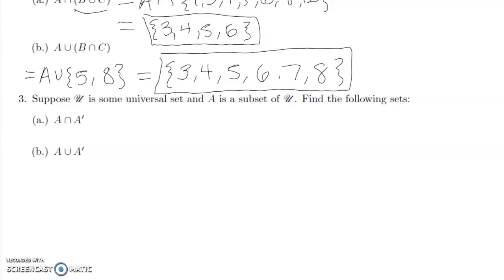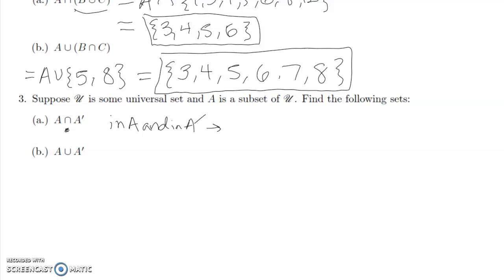So, the first one asks us to look for A intersect A complement. So let's think about what that definition really meant. Well, the intersection says you need to be in both of those sets. So we need to be in A and in A complement.